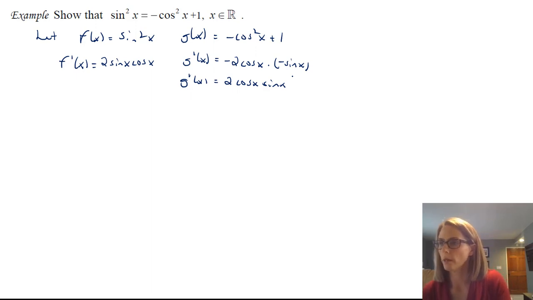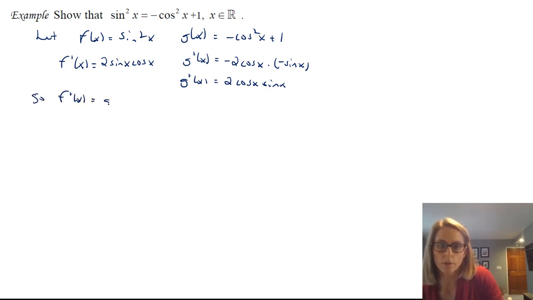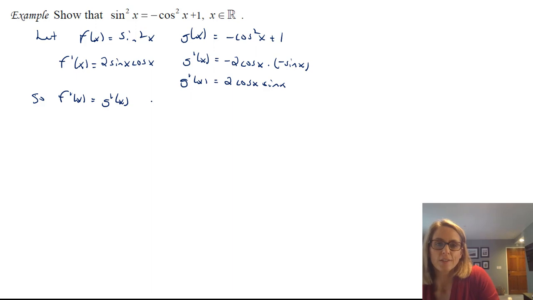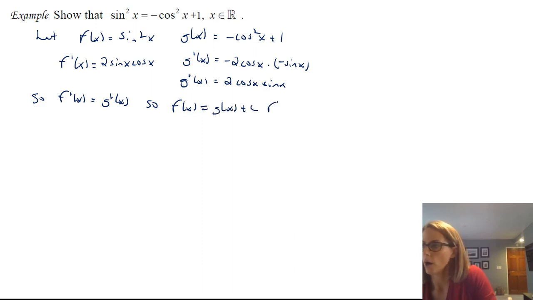And so now the idea here is, let me write that. So f prime of x equals g prime of x. We just showed that. So this tells us the consequence of the MVT, that number 2 there, it tells us that f of x has to equal g of x plus c for some c.